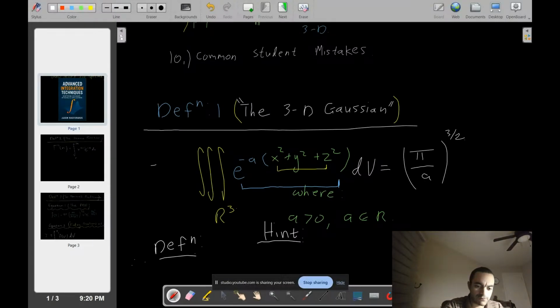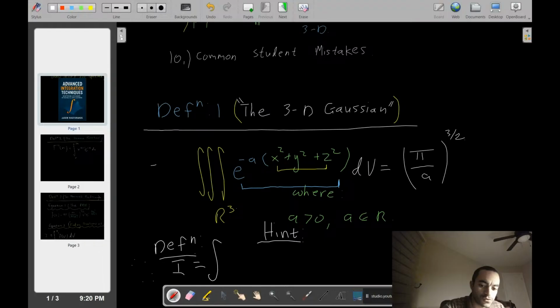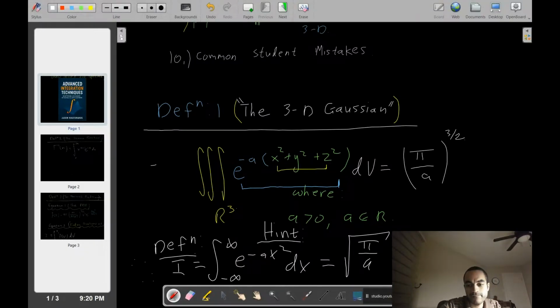And the Gaussian is defined as the following, okay? If you have an integral I and it's equal to the integral from negative infinity to infinity of e to the negative ax squared dx, this is equal to the square root of pi divided by a, times e to the b squared over 4a.